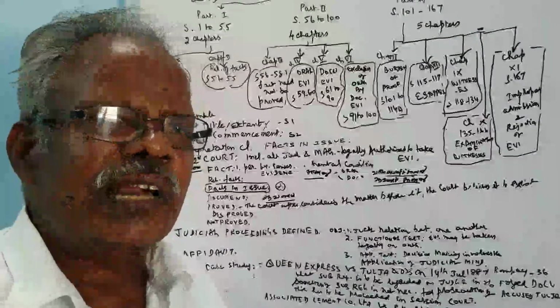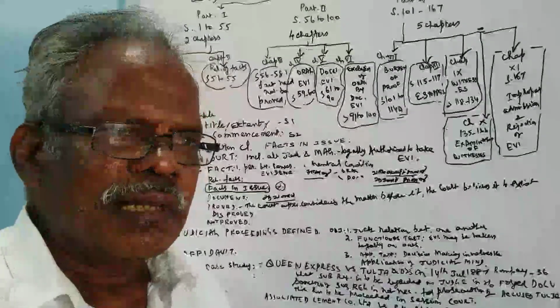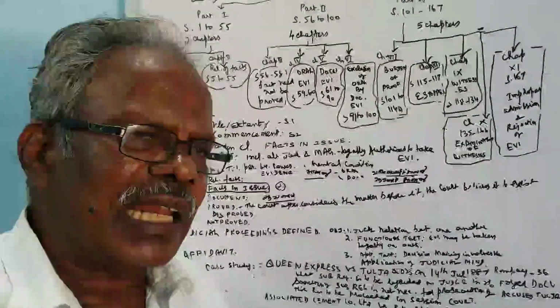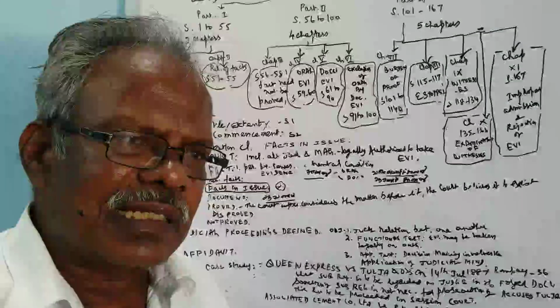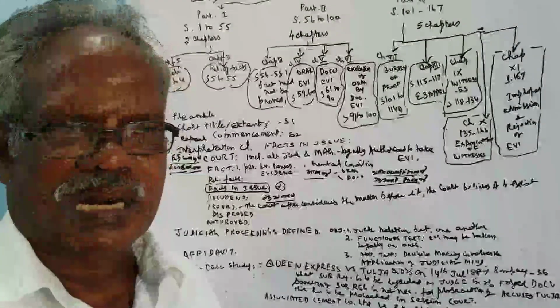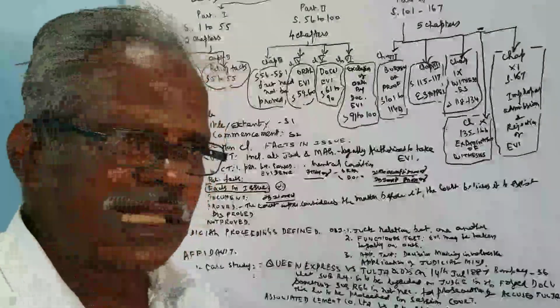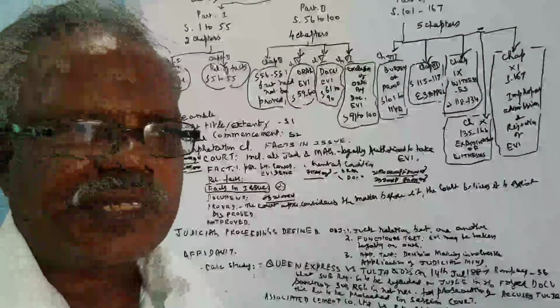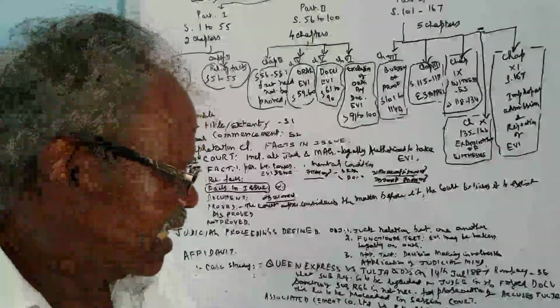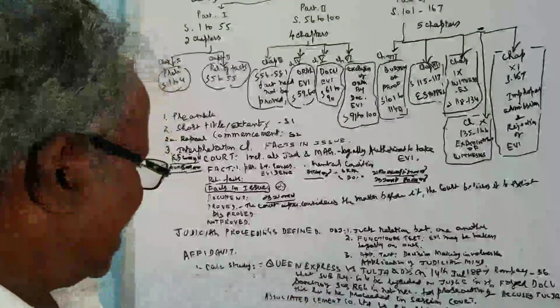Actually, it is a forged document, and the question in this case is whether the sub-registrar's office can be treated as a court or not. The sub-registrar office is not at all a court. That has been spelled out in this case.